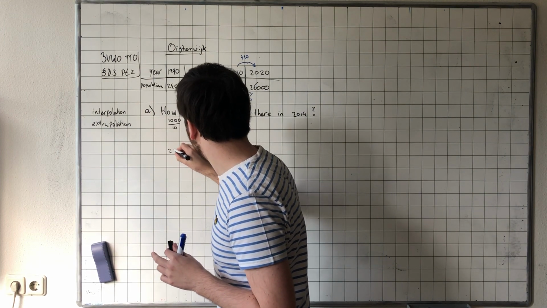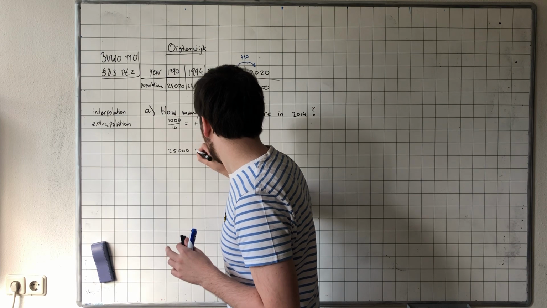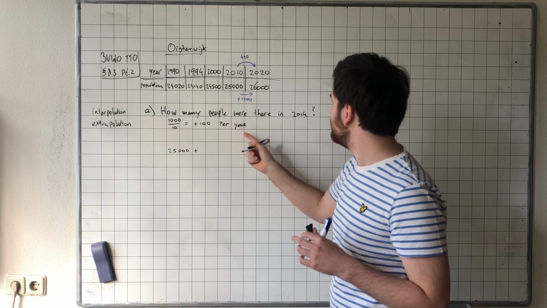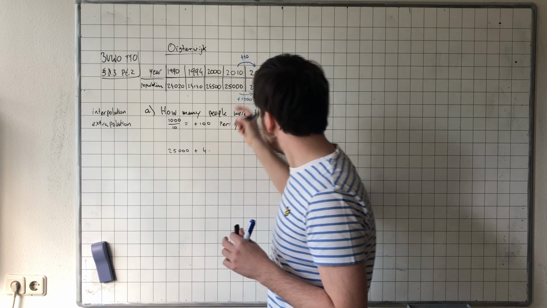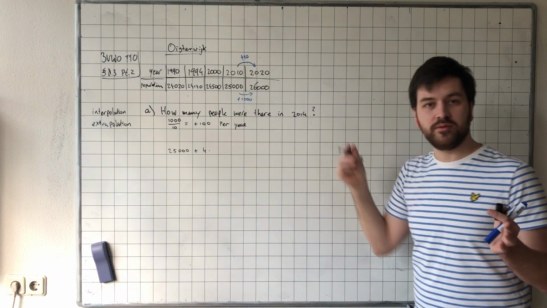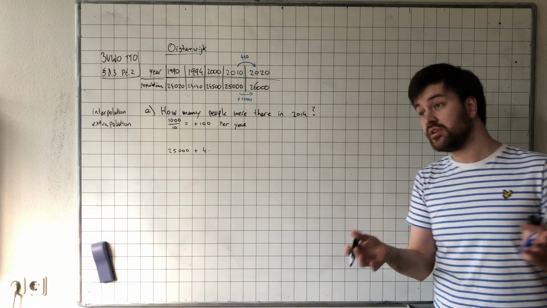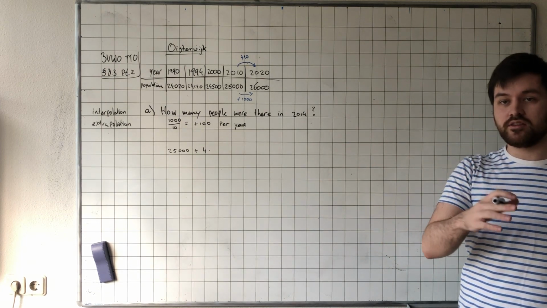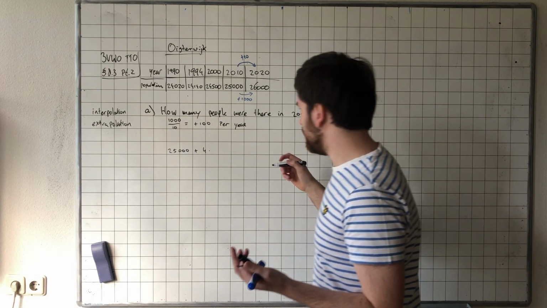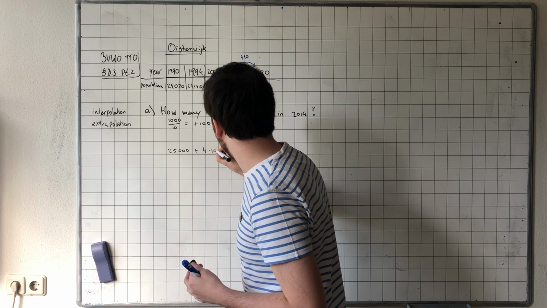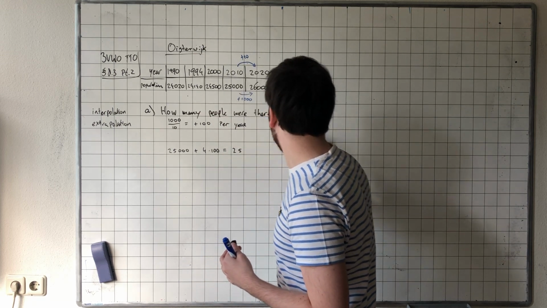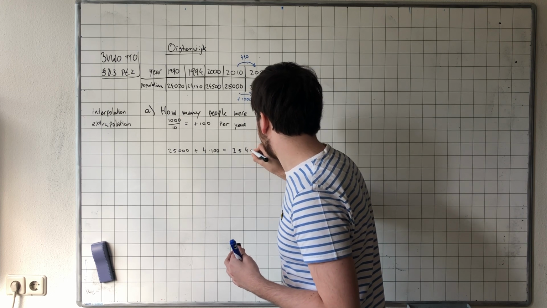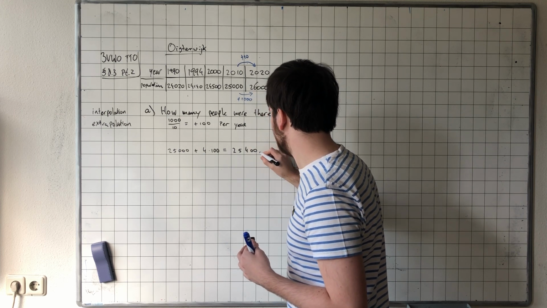There were 25,000 people then. And we're going to add 4 times 100. Why 4 times? Because I want to know the amount of people in 2014. And this, keep in mind, is an estimate. This is not a perfect result. So our estimate is that in 2014 there were 25,400 people.